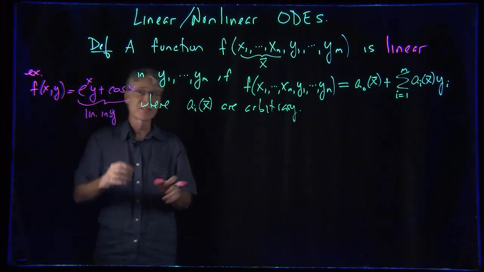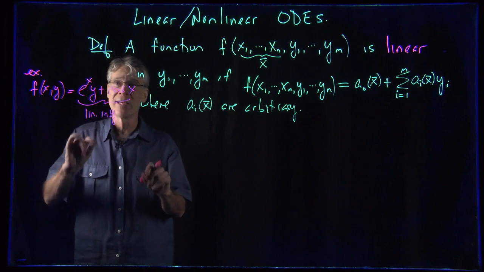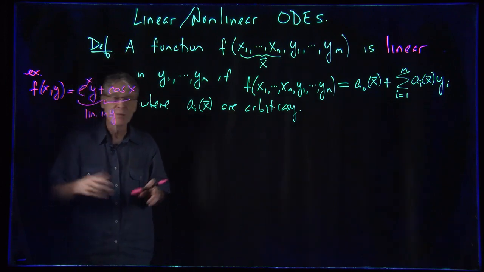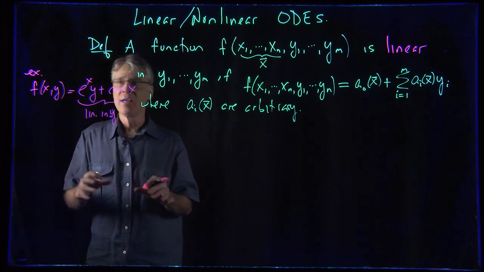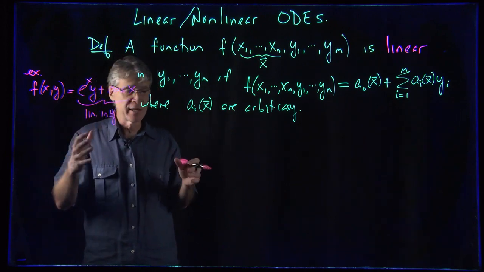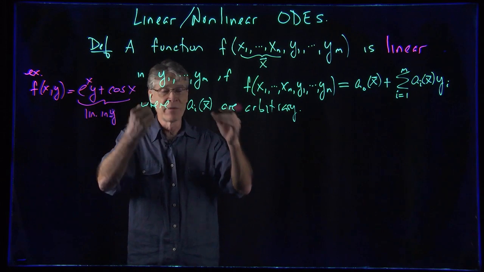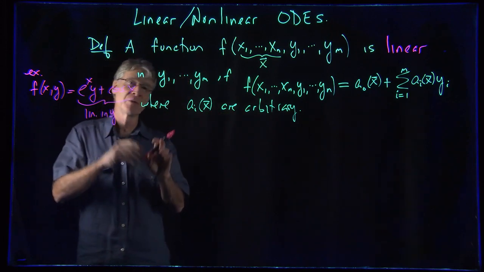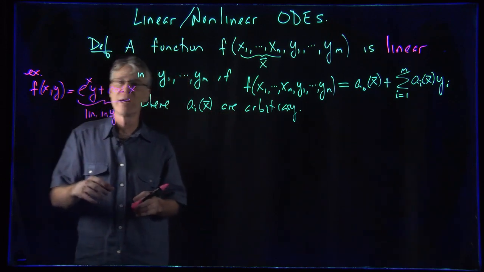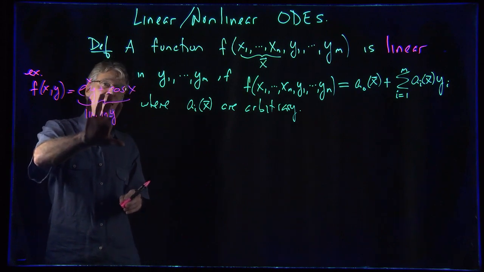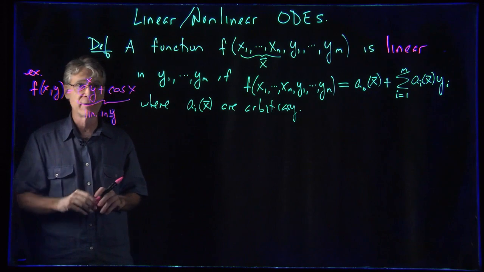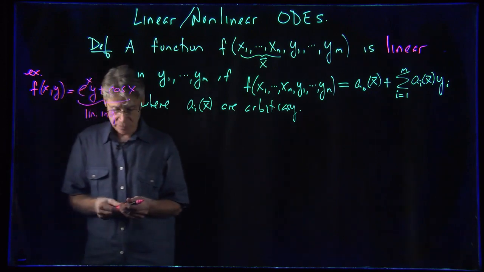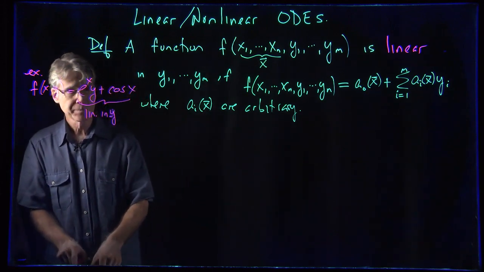And no matter what the x's are, it doesn't really matter. It's linear in y. Now there's a reason why we call this linear. In other words, if we add a sum of two things, if a function is linear, it should equal the sum of the function evaluations of those two things. So that's really the reason why this is linear. This guy is linear in y. It's not linear in x, though, because cosine and e to the x are not linear functions. But it is linear in y. So that should help there.